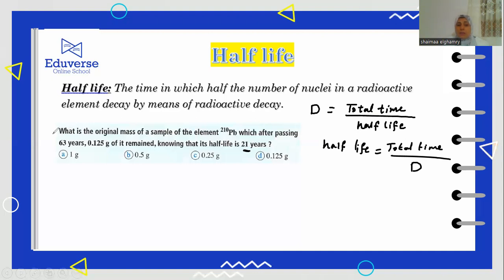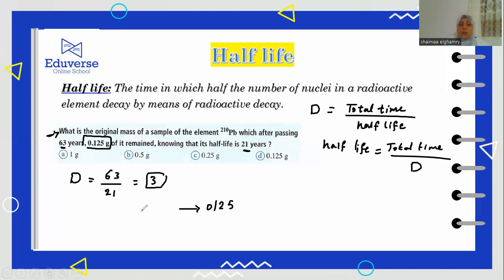So in this question, we want to calculate the original mass after 63 years, knowing that the half-life is 21 years. First we calculate the number of periods: the total time, 63, divided by the half-life, 21, gives 3 periods. The remaining mass after these 3 periods is 0.125 gram.